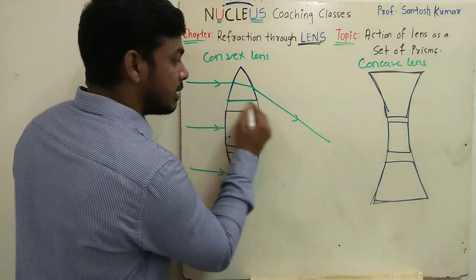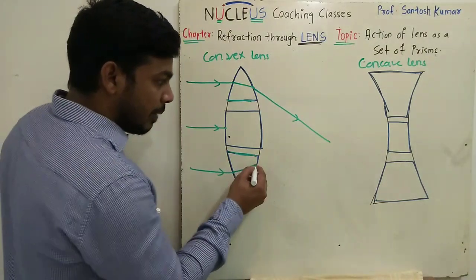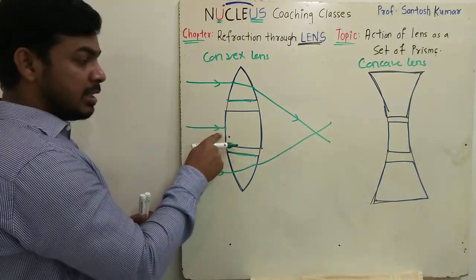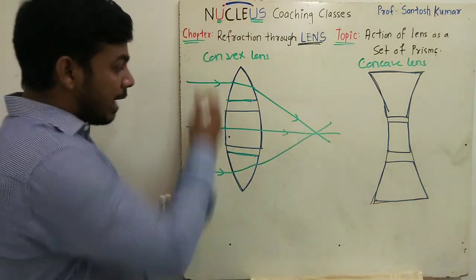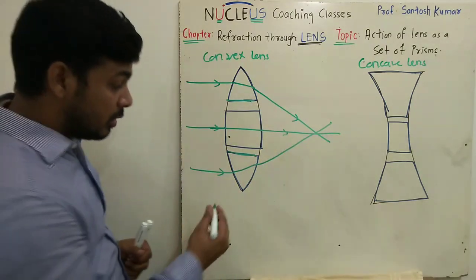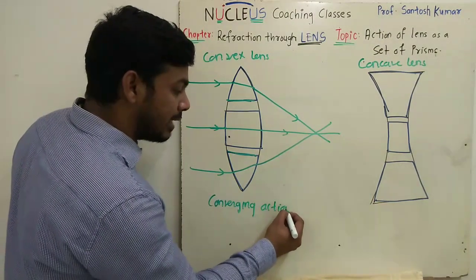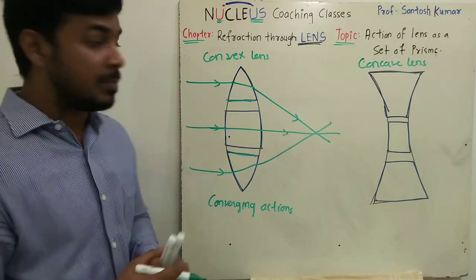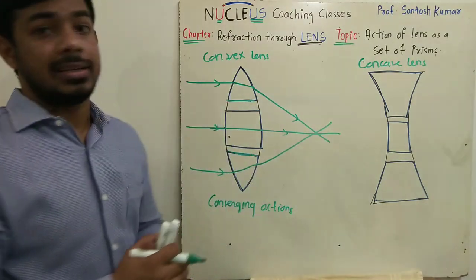So this being the base, the ray will bend down, and for this prism the base is upward, so the bending of the ray will be like this, and this ray passing through a rectangular glass block, that means if it is in perpendicular or normal, it will go undeviated. You can see the parallel beam of ray passing through convex lens seems to be converging at a point. So this converging action of convex lens is because of two prisms present inside the lens. That means this lens can be assumed to be made up of prisms and a rectangular glass block.